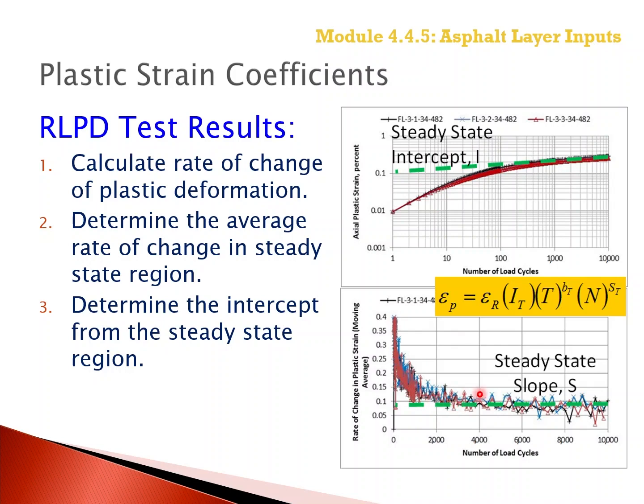The process data is determined by calculating the average rate of plastic strain accumulation with the number of load cycles, using a moving average approach. This analysis technique is used to determine the average slope where the rate of change is constant, in other words, the steady state range, like the flow number determination included in AASHTO T378.